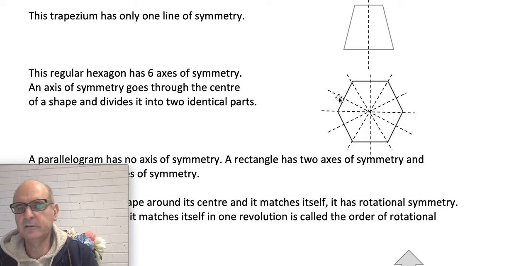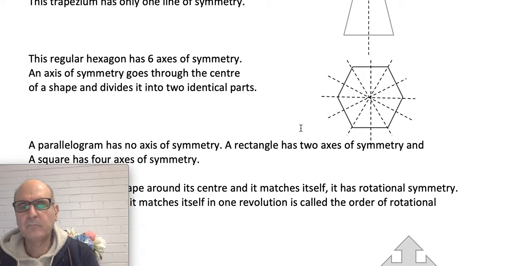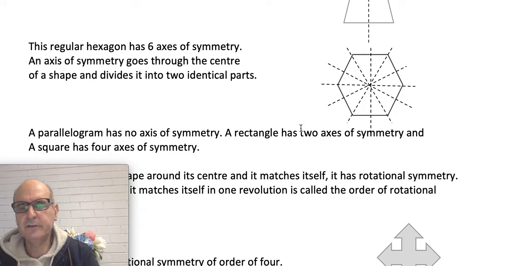There are six of them: 1, 2, 3, 4, 5, 6. And as we said, each axis of symmetry divides your shape into two identical parts.